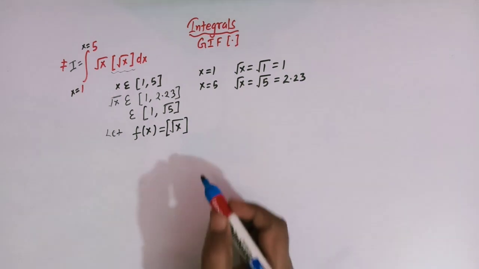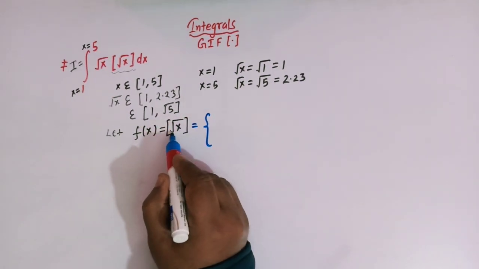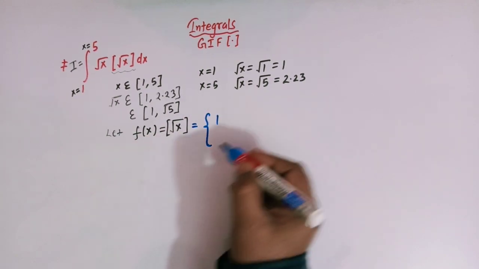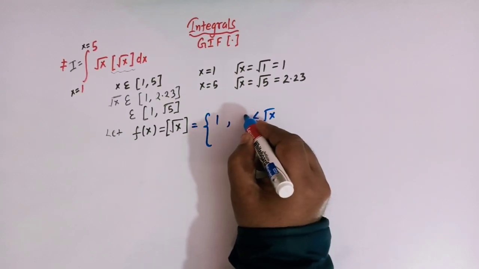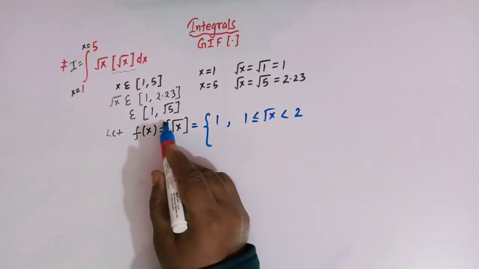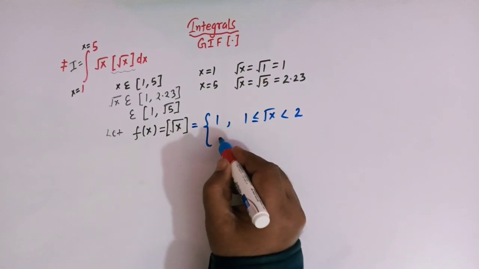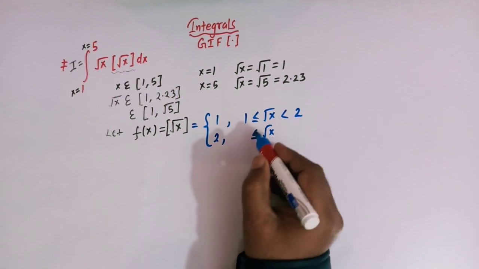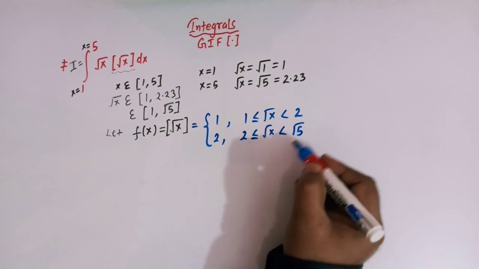The greatest integer of square root of x takes the value 1 when the square root of x lies between 1 and 2, and it takes the value 2 when the square root of x lies between 2 and square root of 5.